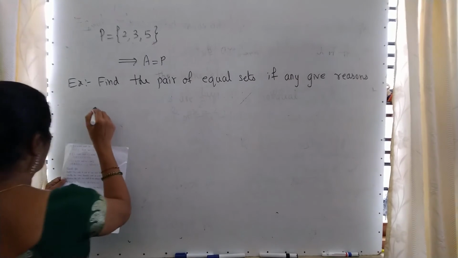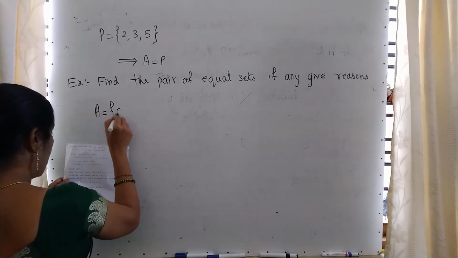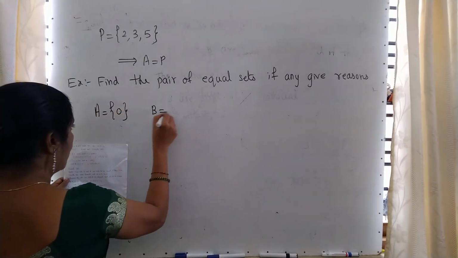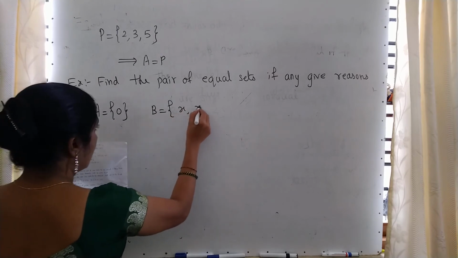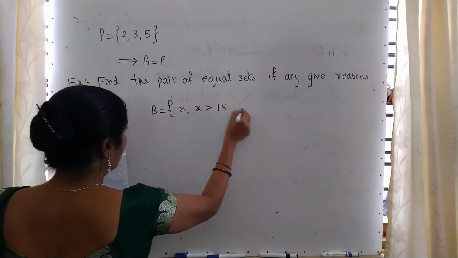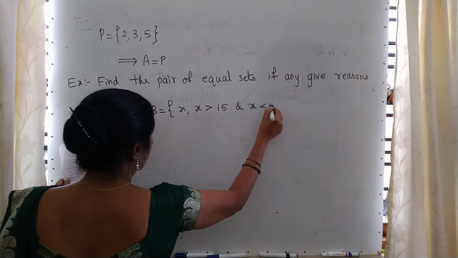So the sets are given. A is {0}. B is {x such that x is greater than 15 and less than 5}.